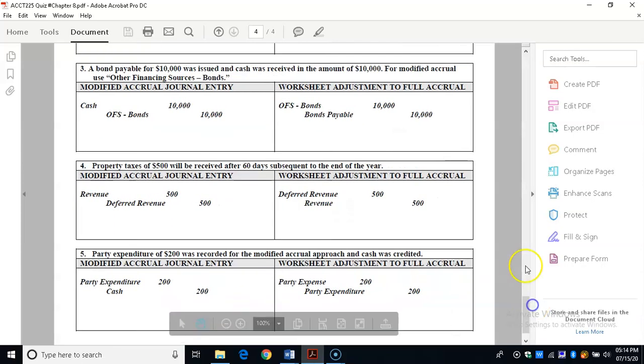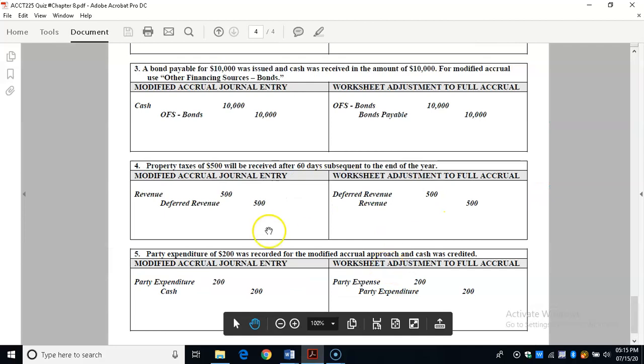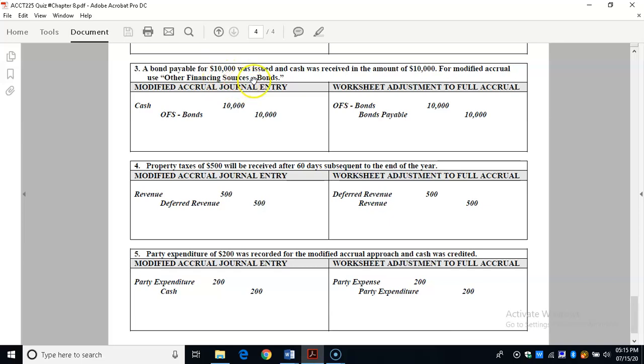Let's take a look at number 3 here. So for number 3, it says we have other financing source for $10,000. Okay, so you get cash, so you debit cash. This is modified accrual. You credit other financing source bonds for $10,000. Or if you don't want to use other financing source, this is sometimes called transfer in. So the point is, if you get money and you're using a modified accrual, you would debit cash, which is a current asset, and you'd credit other financing source or transfer in $10,000.